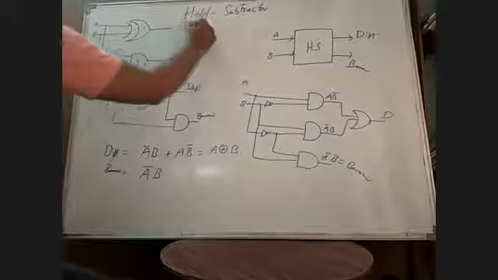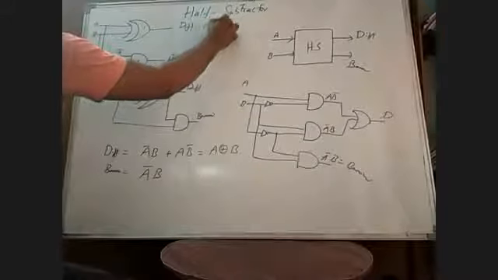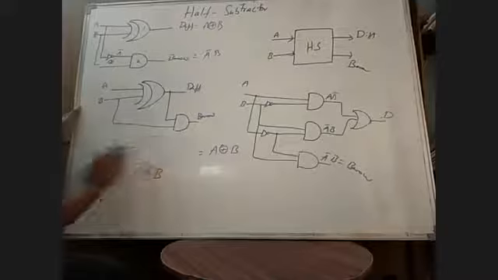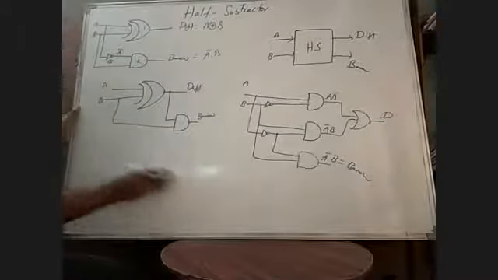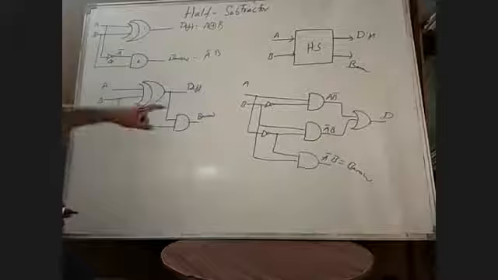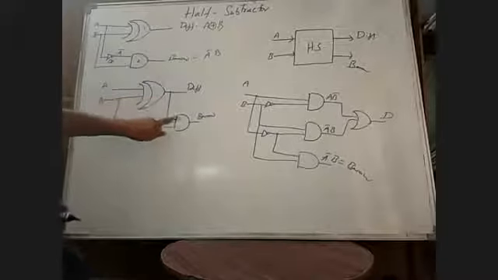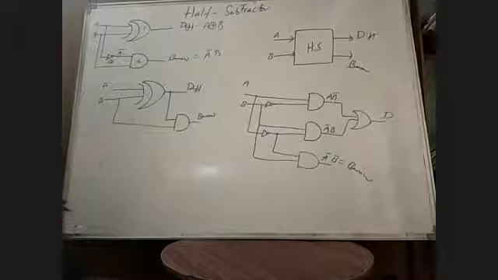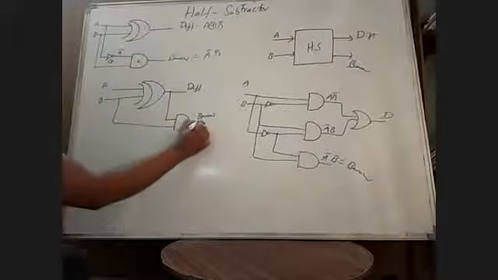Difference is A exclusive or B, borrow should be A bar B. We verify the output equation to check whether it is correct or not. See now, what is the difference here? To generate this, we have used the output of difference connected to the AND gate. Now I am writing the output expression.